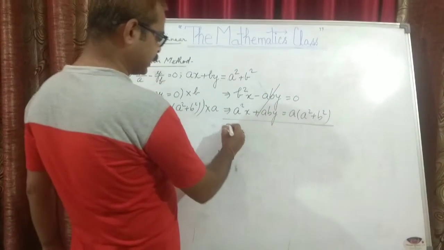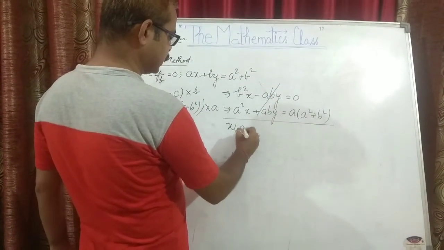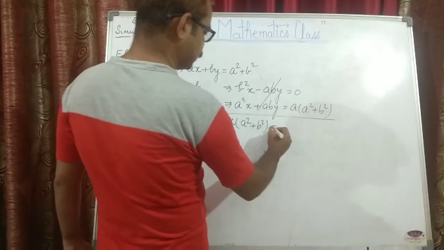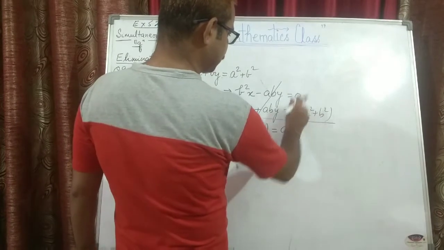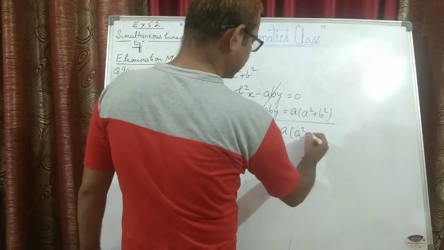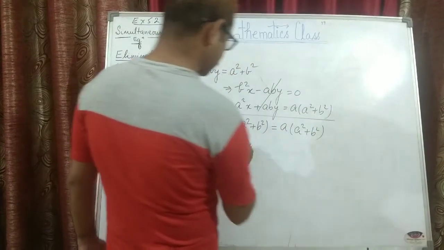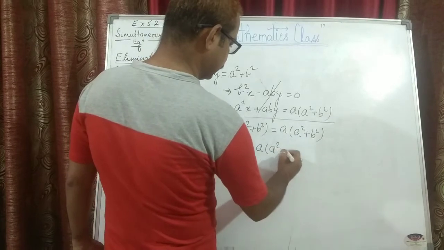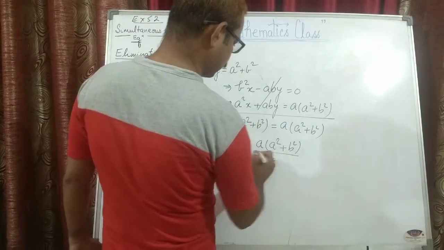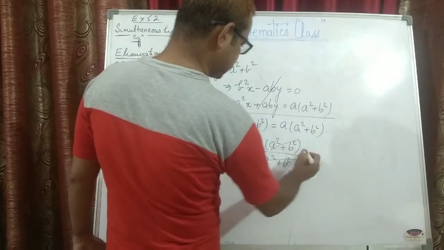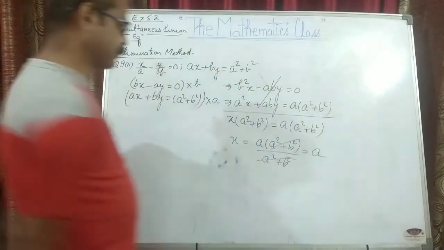And when you are adding, you can take x common, you will be left with a square plus b square is equal to a, this into plus 0 will be the same, only a into a square plus b square. So x will be a times a square plus b square upon a square plus b square. This and this cancel, you got the value of x as a.